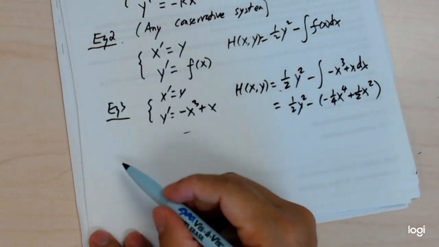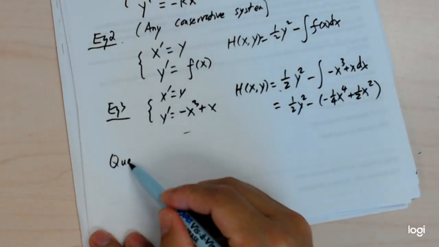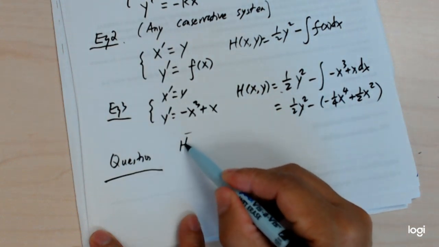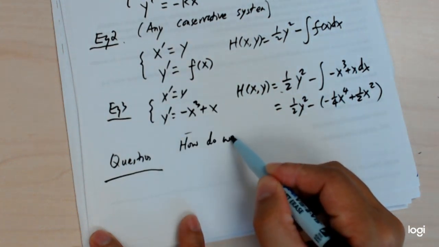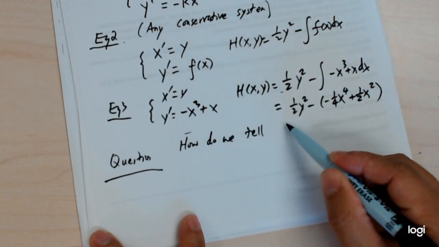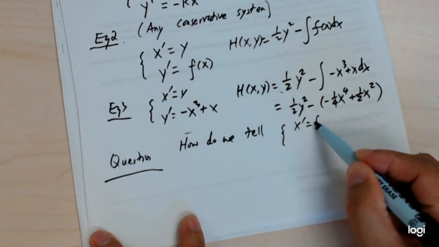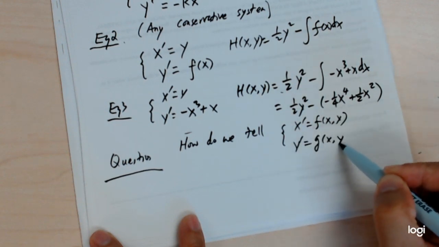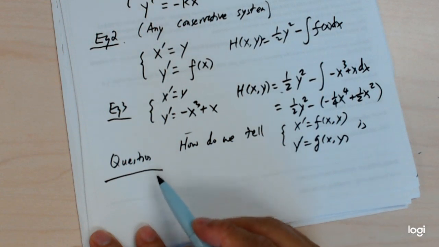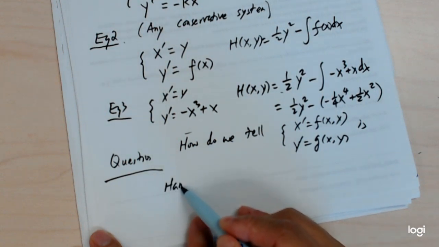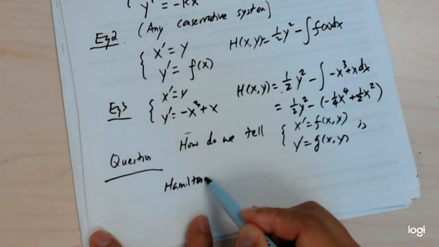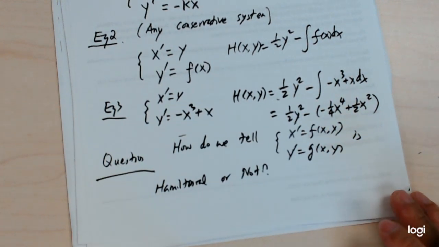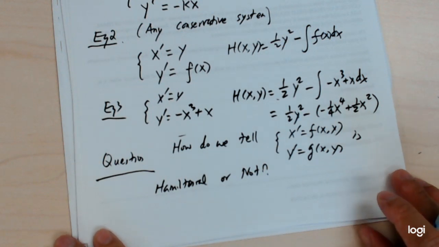So the question is, in general, how do I tell if a system is Hamiltonian or not? So the general question is, how do we tell that a general system in this form is Hamiltonian or not? This turns out to be not too hard to answer.